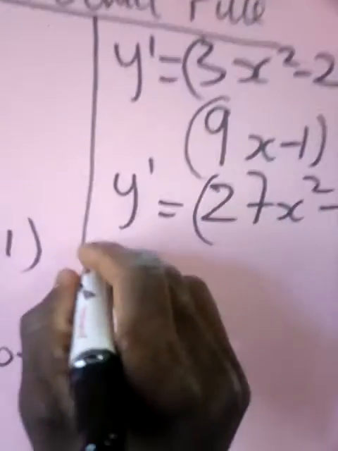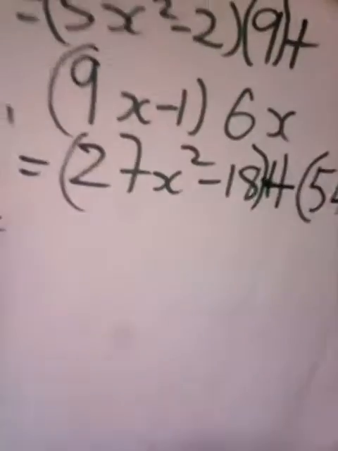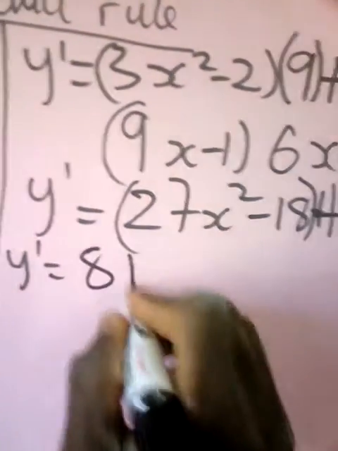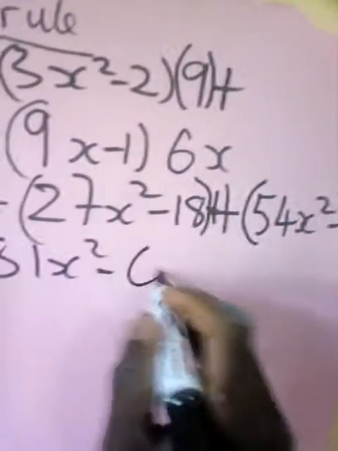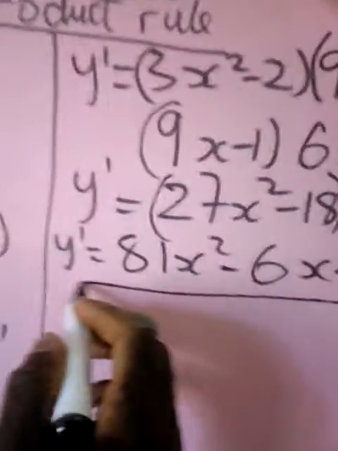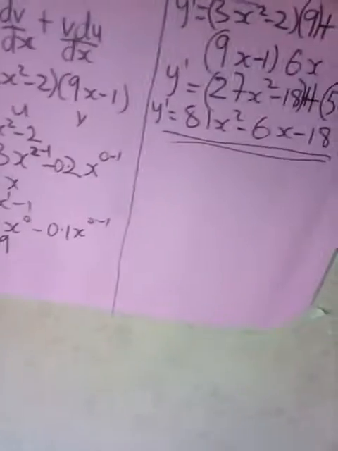So y prime would be 27x squared plus 54x squared, which gives me 81x squared, then minus 6x minus 18. So this is the first derivative of y. This is just a basic thing.